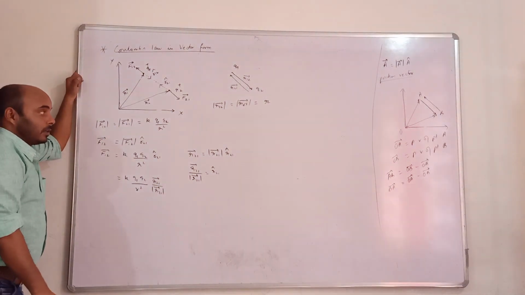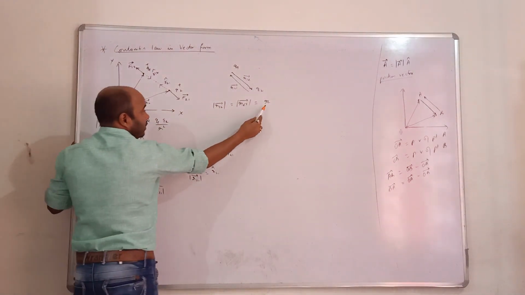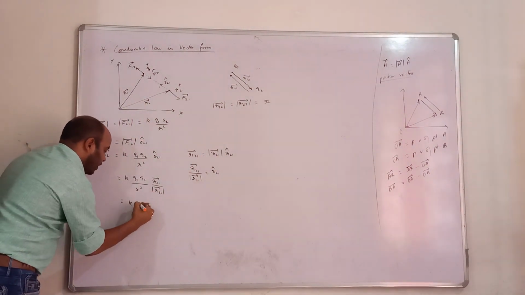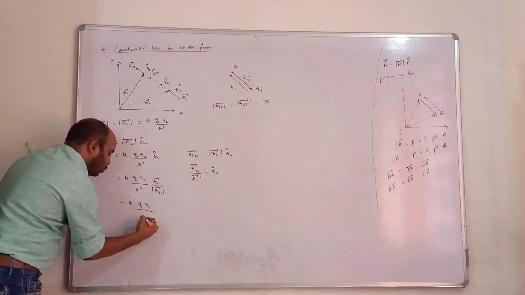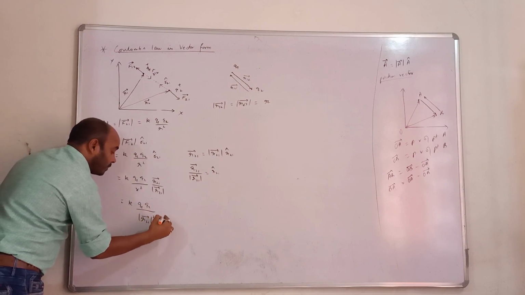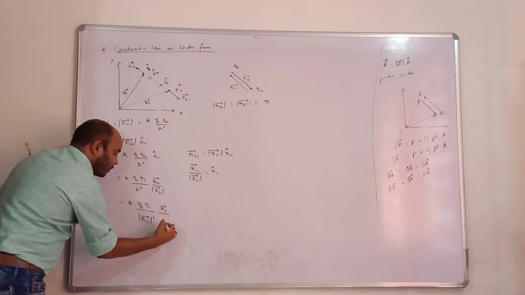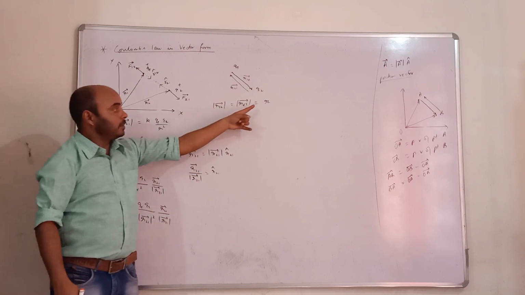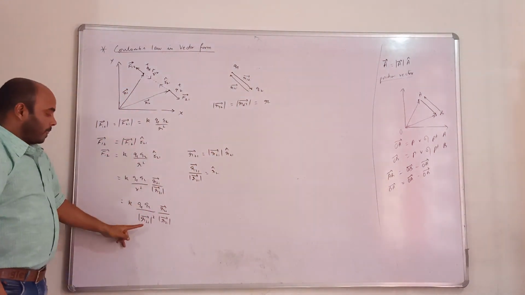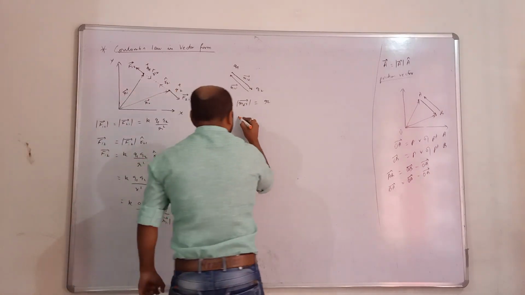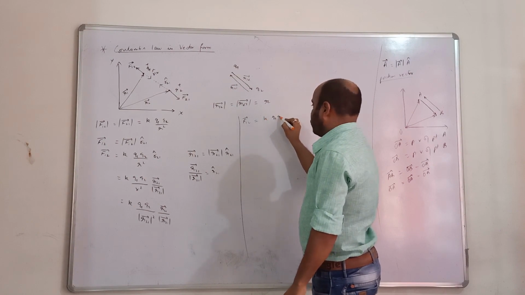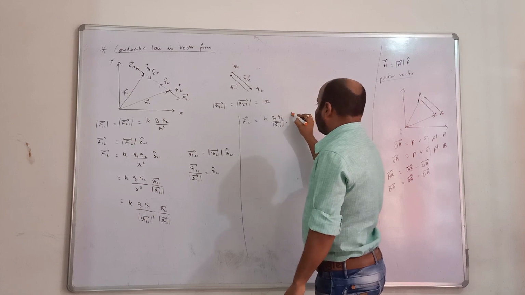Okay class? Now see, R is R21. There also R21. So we can write k Q1 Q2 by R21 vector magnitude whole square, and like this R we can write R21. Now this becomes cube. So what I got: F12 vector is equal to k Q1 Q2 by R21 vector magnitude whole cube, into R21 vector.